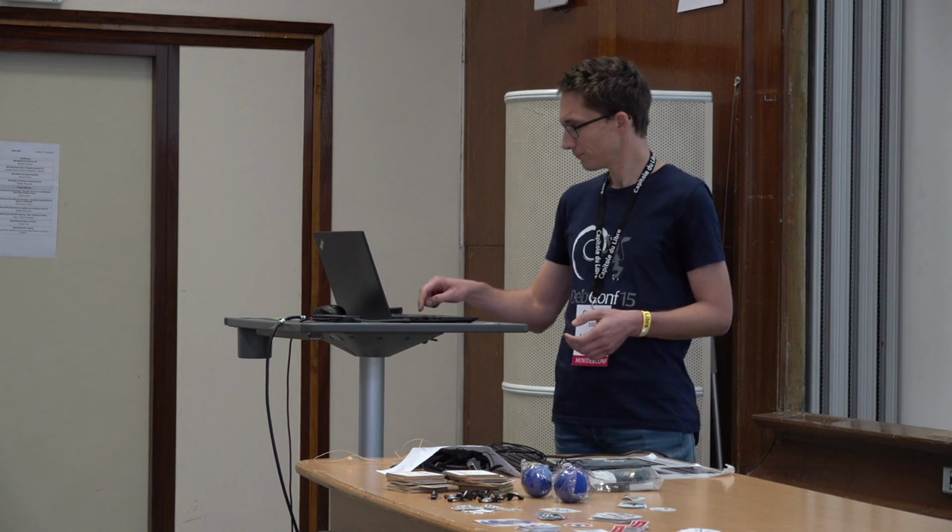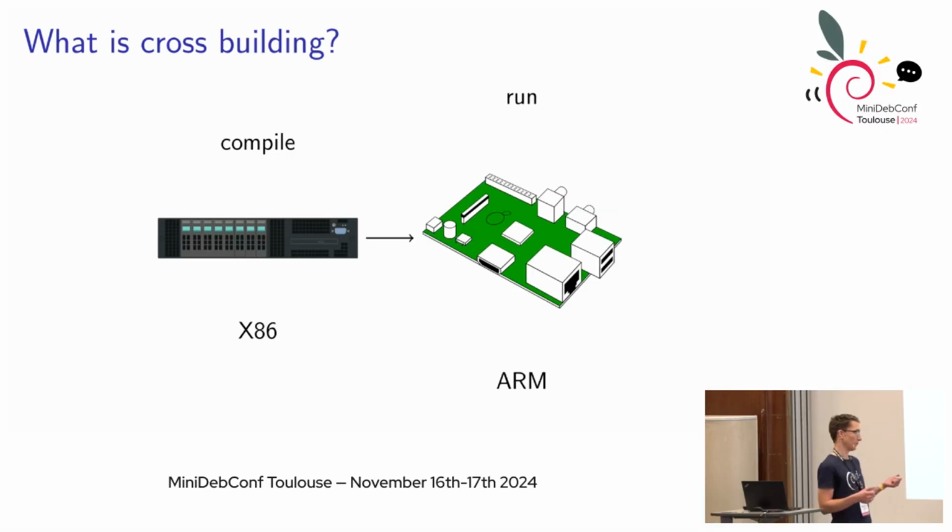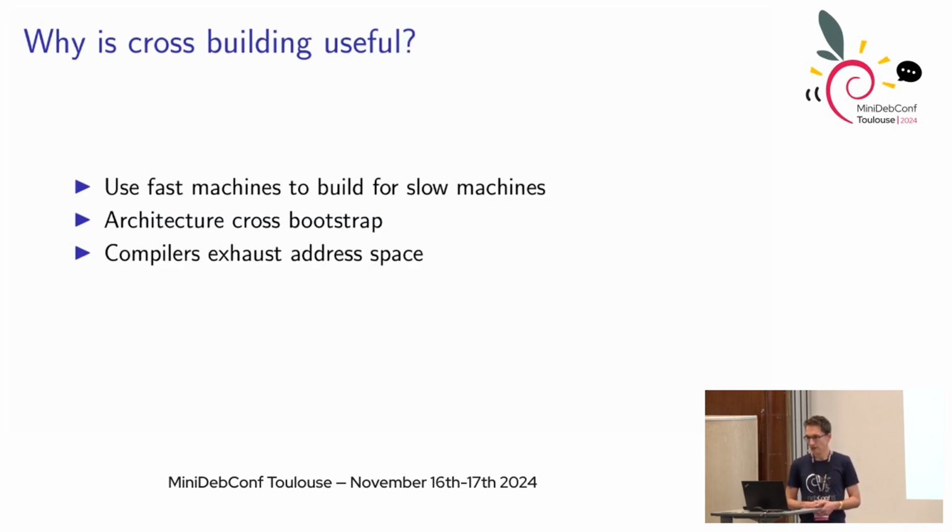So, first obvious question, what is cross-building? Most commonly you have one machine and compile for another, and the interesting part is that their architectures tend to differ. The CPUs are sufficiently different that you can't run the thing from one on the other, right? Easy enough. When is cross-building useful?